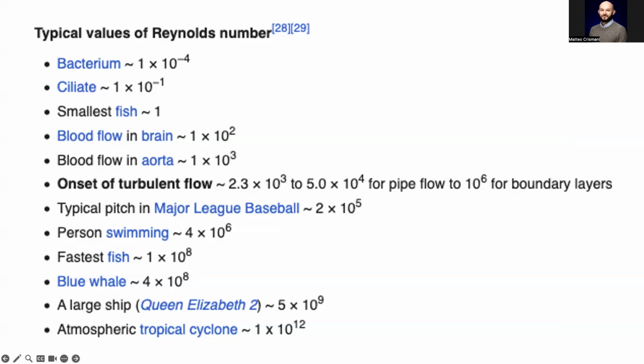Is it exactly spherical? No, why not? There's stitching on it, right? Yeah, you're right. If I threw a perfectly round baseball, could I throw a curveball? Oh, no, I couldn't.